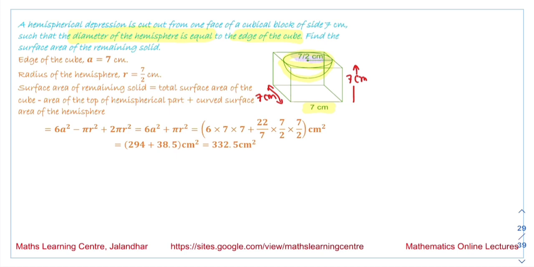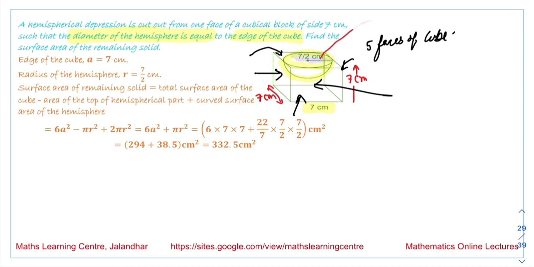If we look at this solid, we have one face from this side, a second from this side, a third from the back side, a fourth, and from the downward side a fifth. So we have 5 faces of this cube. If we look from the top, this face is there.